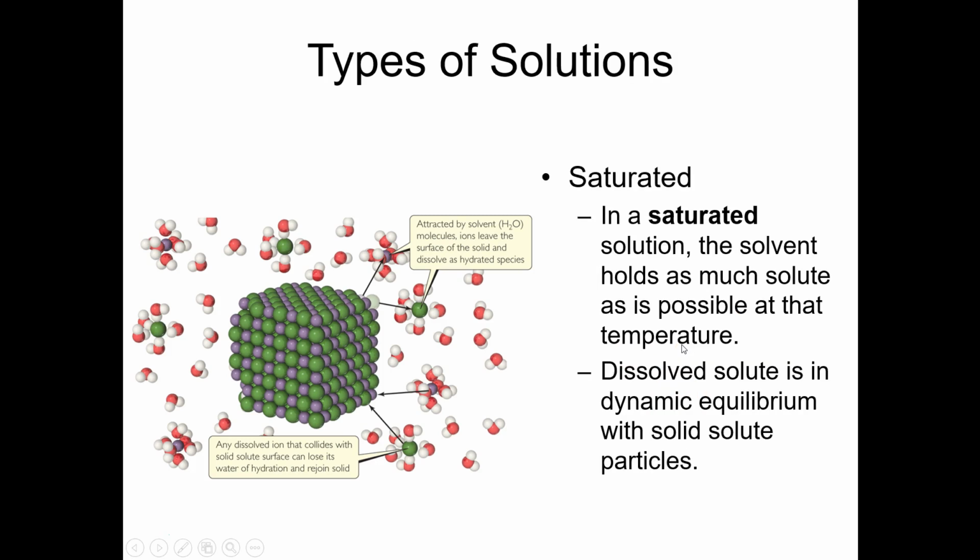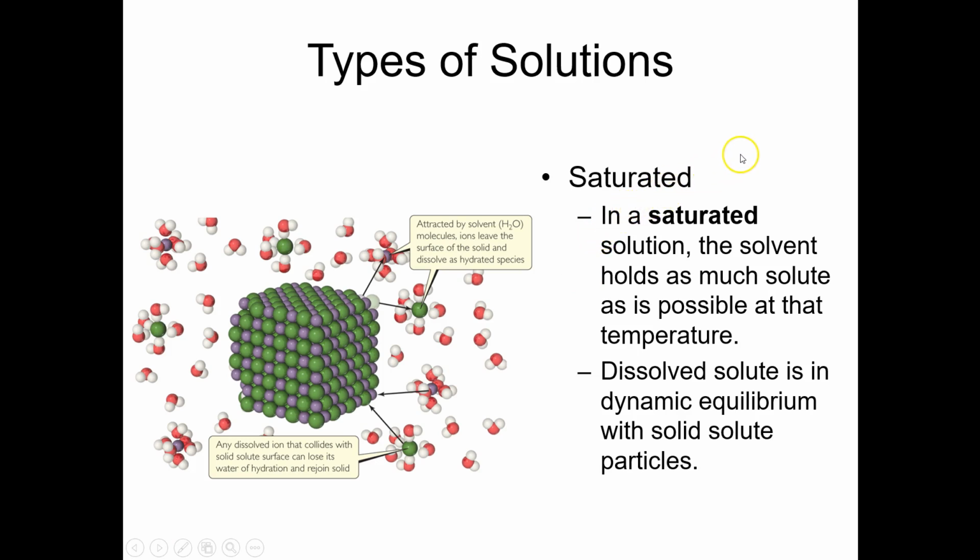Most of the first part of this chapter has to do with dissolving ionic things in water, and sodium chloride is the standard for that. We will talk about other types of solutions as well, not just aqueous solutions of ionic compounds.